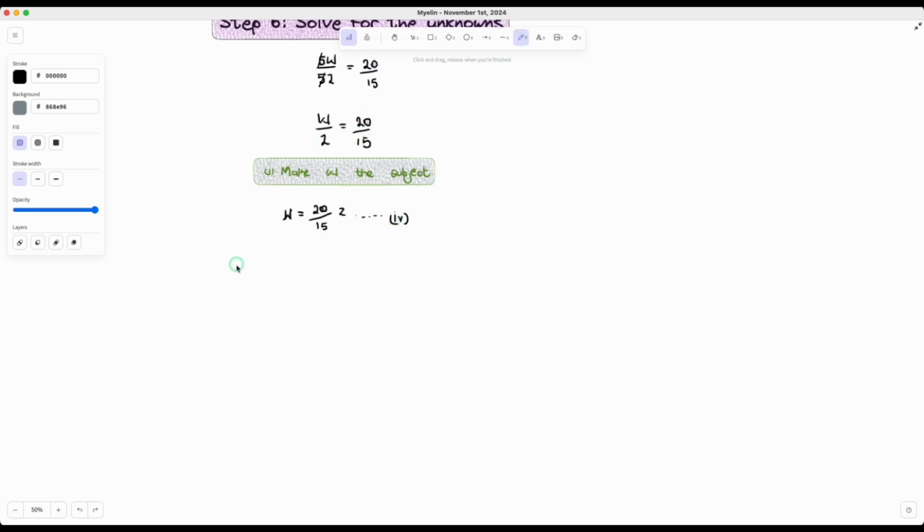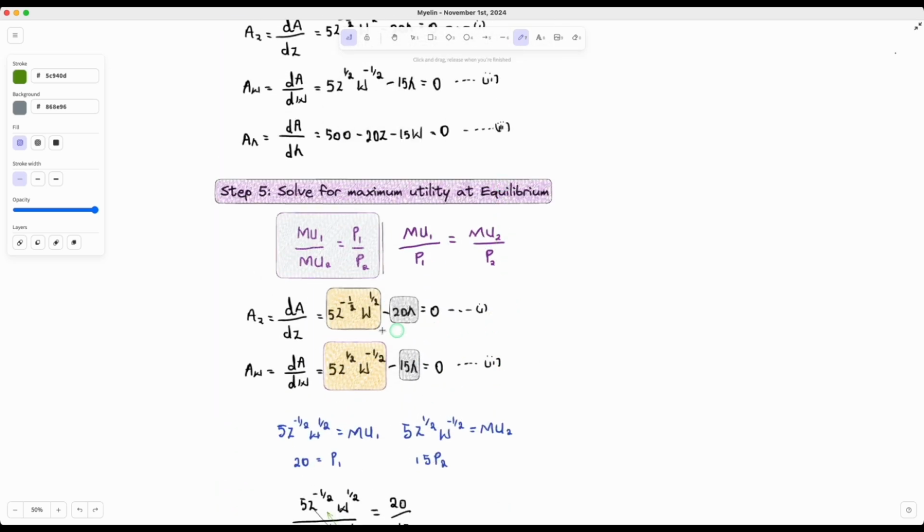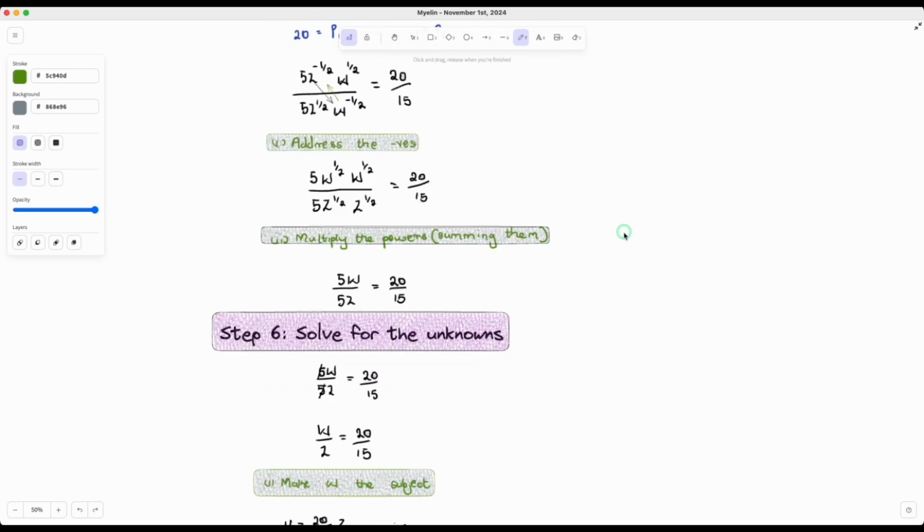Then I'll go ahead and say, in this sub step here, I will say substitute equation 4 into, anyone want to guess into which equation? We've already used the first two equations to solve for the equilibrium. So that means we should substitute into the third equation. That's the one that we've not used.